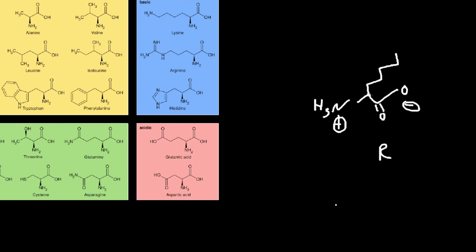I think that's right. Yes, 5, and then at the very end it has this amino group, which can be ionized and positively charged. Once again, just like arginine, this has a very difficult time becoming unionized. This side chain has a pKa between 10 and 12.